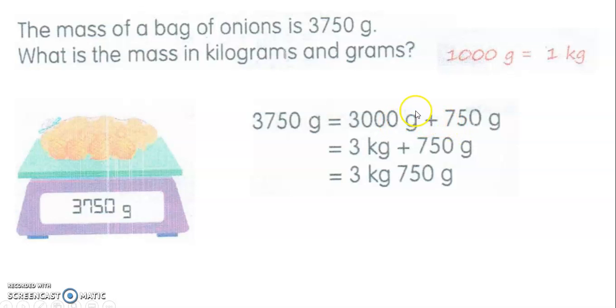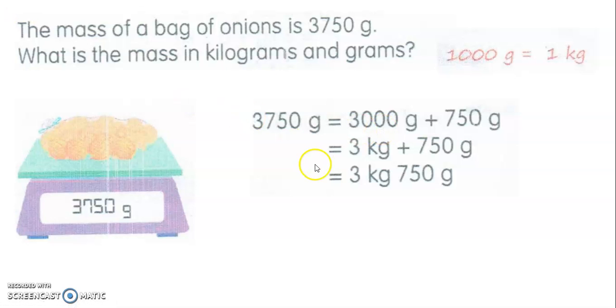Because we want to convert the units to be in kilograms and grams, and to convert grams to kilograms, we need 1000 or its multiples. Its multiples means 2000, 3000, 4000, to make it easy for us to convert grams to kilograms. Okay, so in this case we have the number 3000.